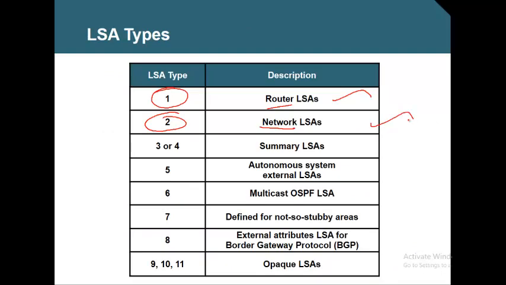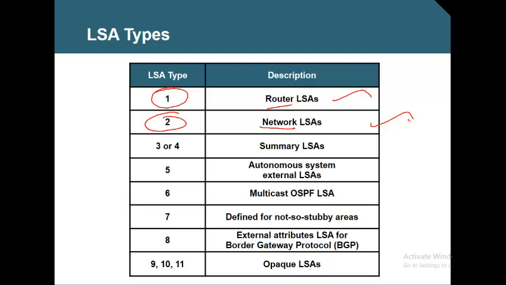So we need a special LSA type called network LSA because we got a special router called DR. Because you got a designated router, you need a special LSA. Network LSA is also within an area.